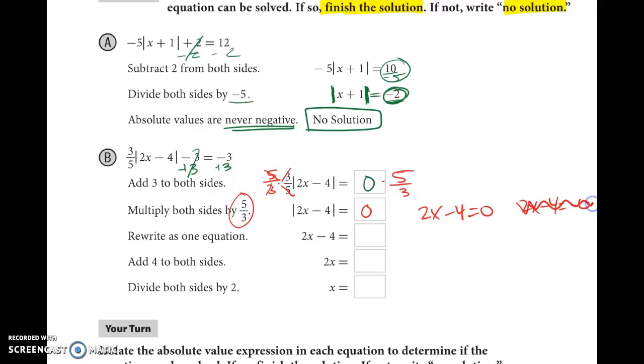That doesn't make sense. So we only have one equation to solve in this case, which is just 2x minus 4 equals 0. So add 4, and you get 4. Divide by 2, and you get 2. So in this case, we just have the one solution.